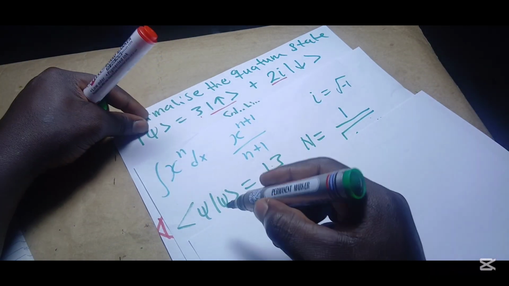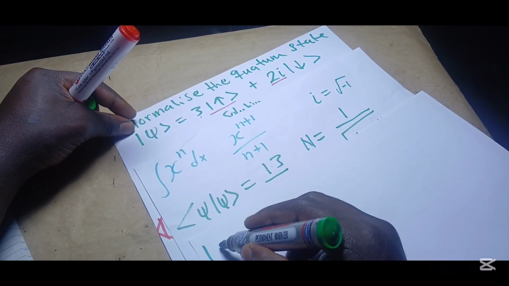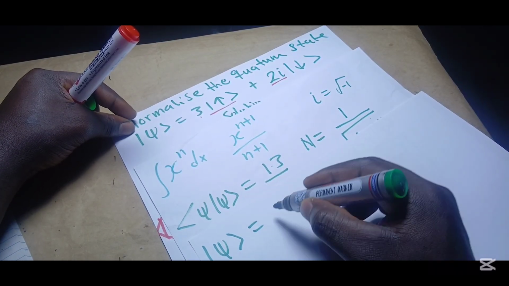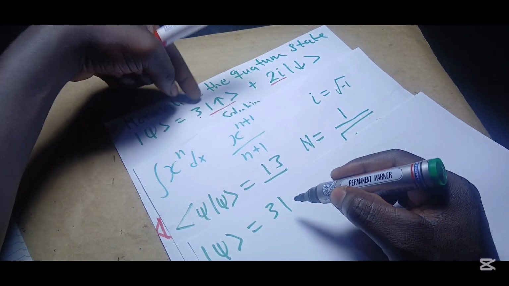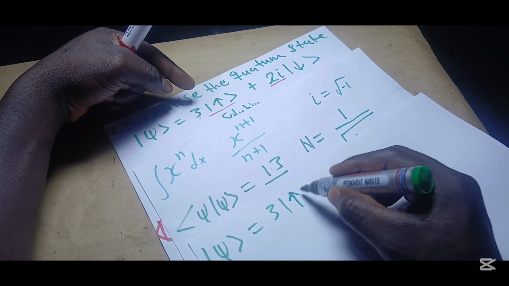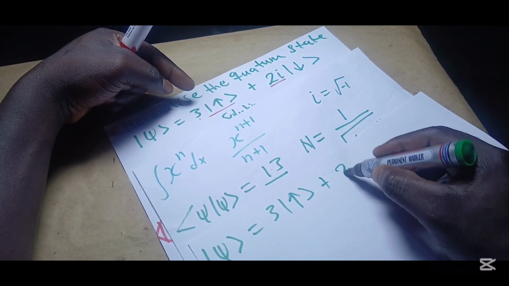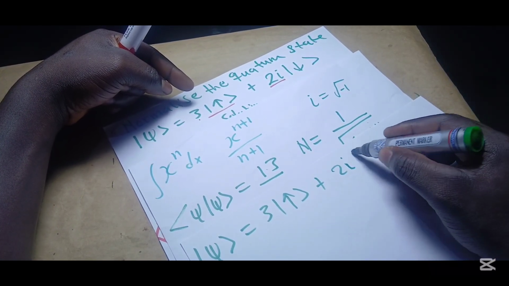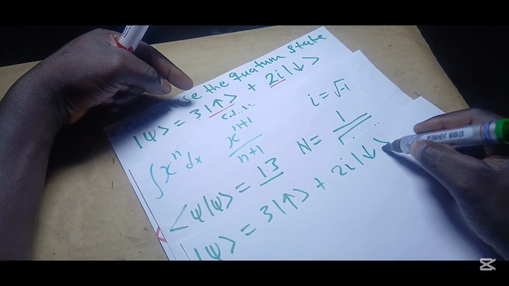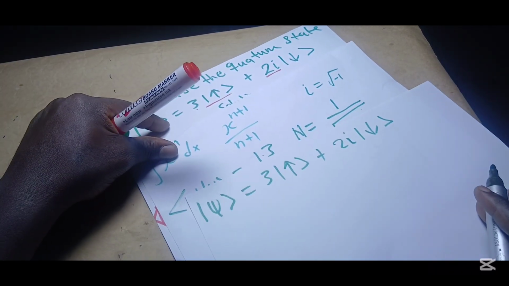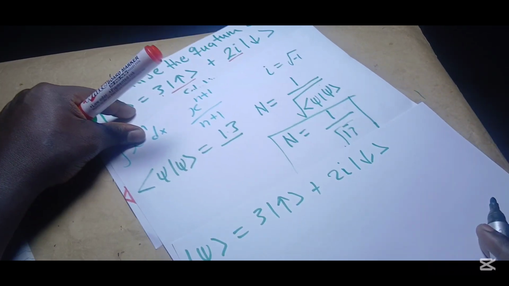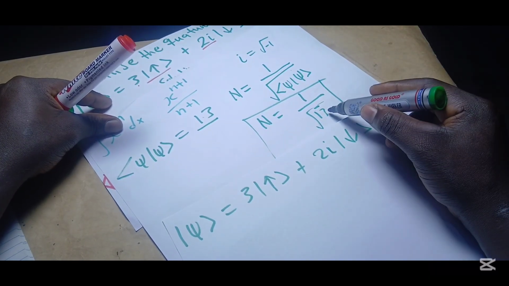The state given to us was psi equal 3 spin up plus 2i ket spin down. And we've gotten our normalization constant to be 1 over the square root of 13.